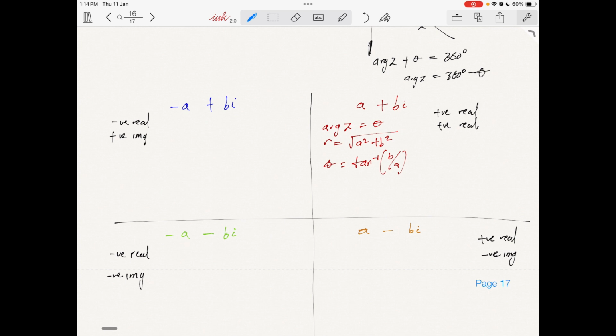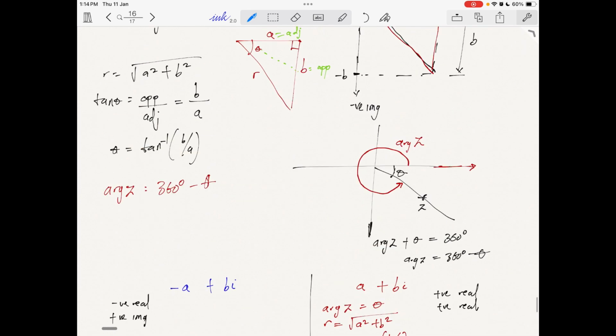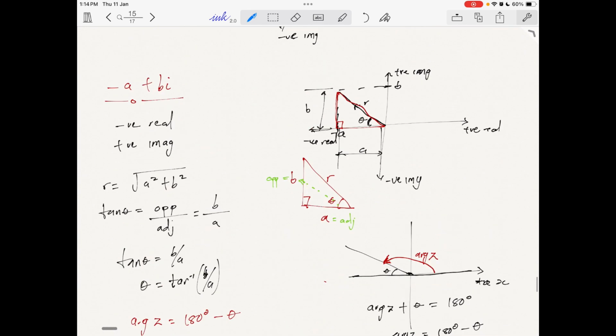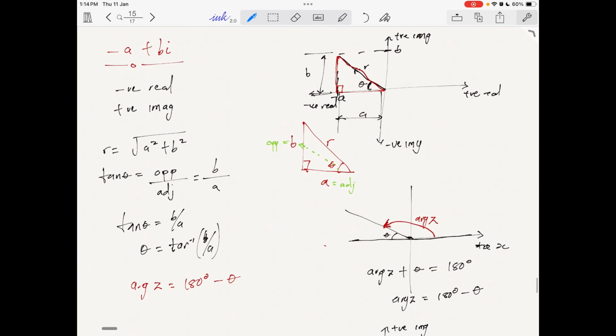Now, having that done, let's go to minus a plus bi. Our r is the square root of a squared plus b squared. Our theta is arctan b over a. Our argument Z is 180 degrees minus theta.